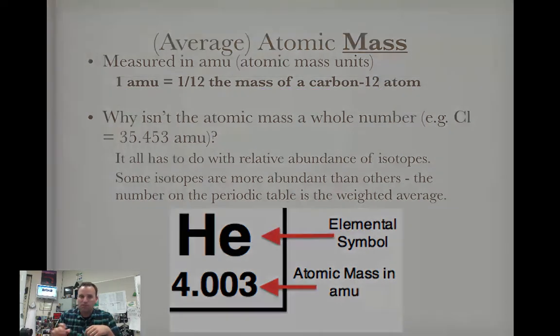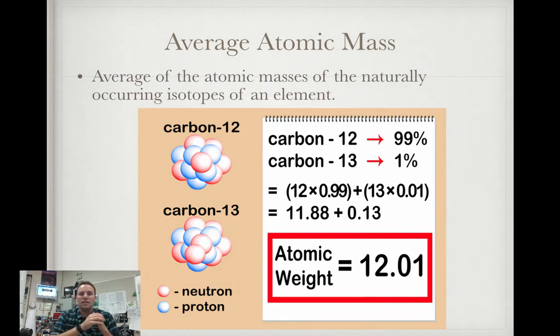So you can see here a calculation of how we come up with the average atomic mass for carbon, which is 12.01. Carbon 12 is 99% of all the carbon in the world. Carbon 13 is 1%, and this isn't for real, this is just a mathematical example.